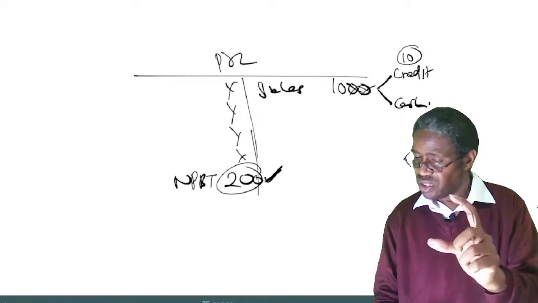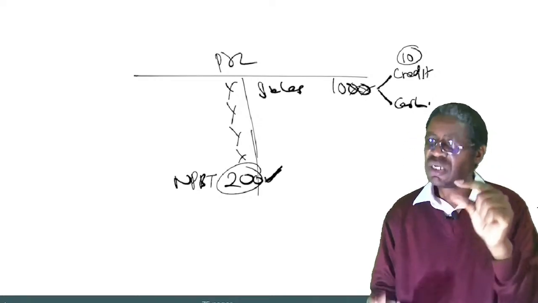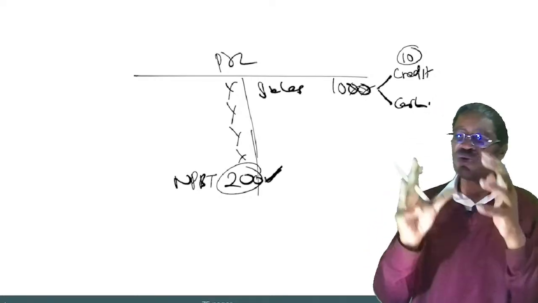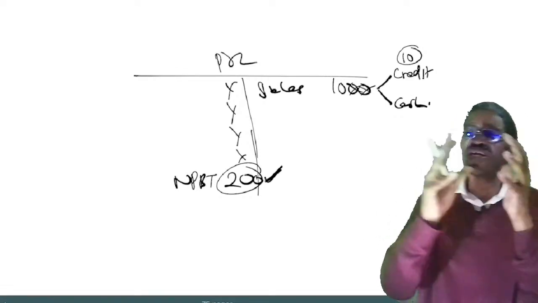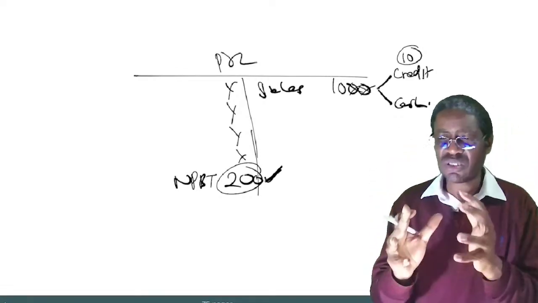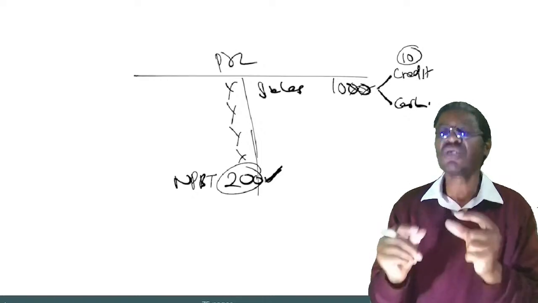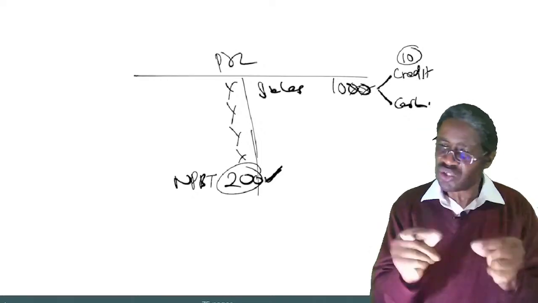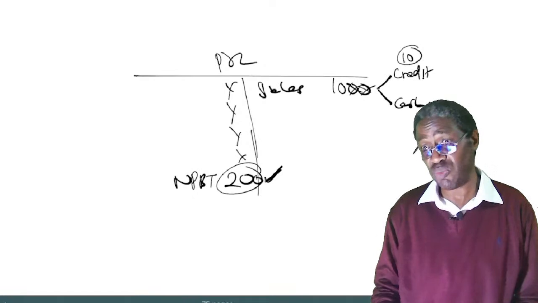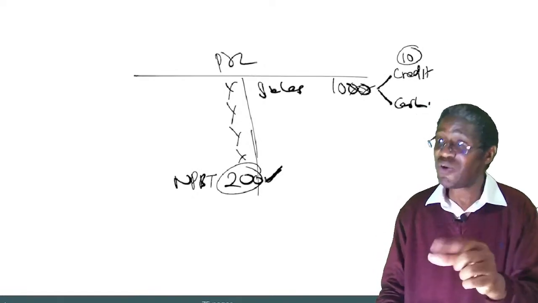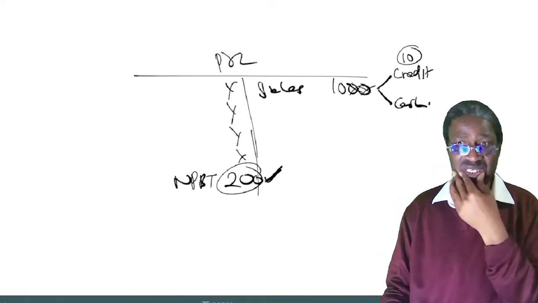I told you, cash flows from operating activities are those transactions that are used in the determination of profit.